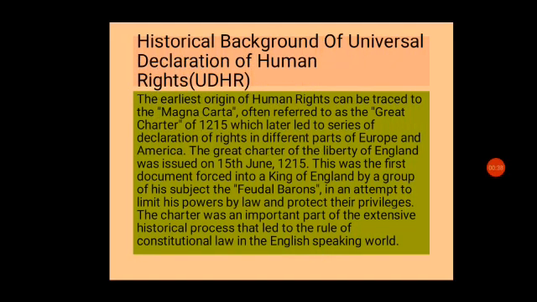Historical background of the Universal Declaration of Human Rights (UDHR). The earliest origin of human rights can be traced to the Magna Carta, often referred to as the Great Charter of 1215, which later led to a series of declarations of rights in different parts of Europe and America. The Great Charter of the Liberty of England was issued on the 15th June 1215.